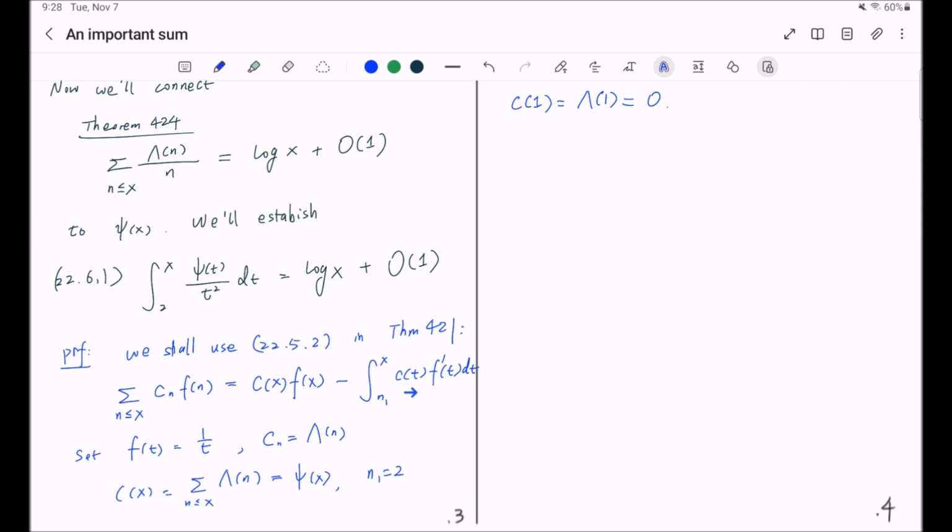And this Abel summation provides a perfect bridge in many cases. So now let's continue. We simply plug in all these specific values for c sub n, f, etc. This is what we get.